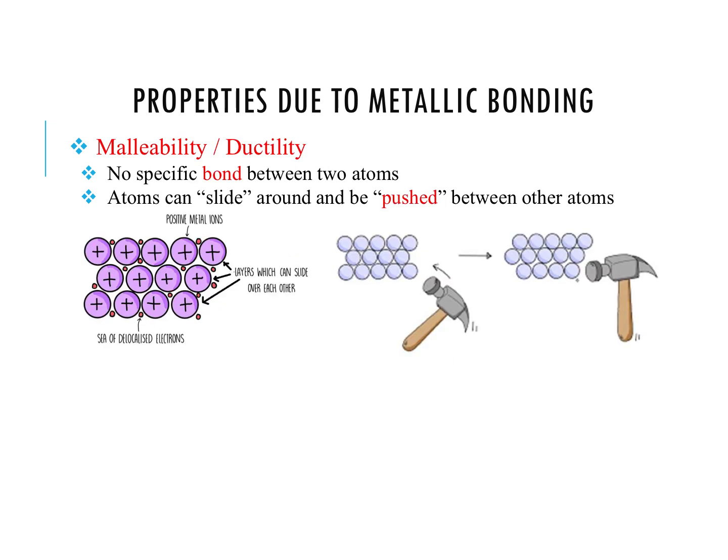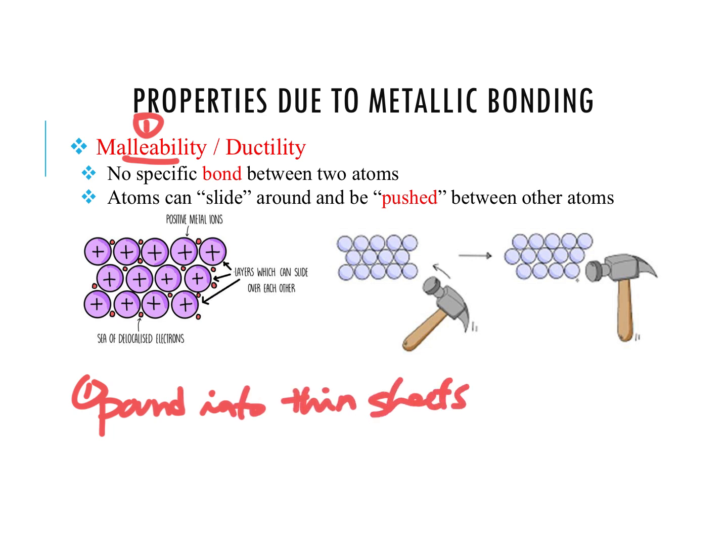Two other properties are malleability, which is being able to pound the metal into thin sheets, and ductility, which is being able to pull the metal into thin wires.